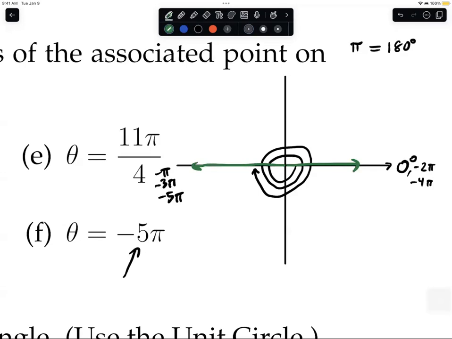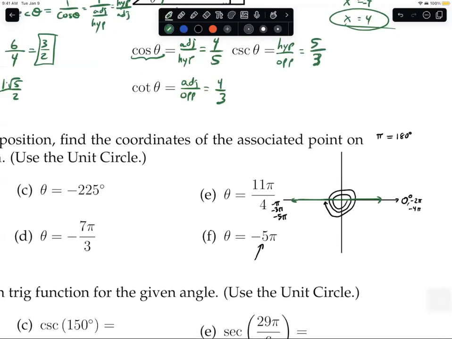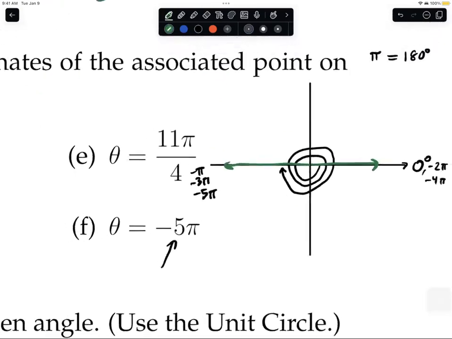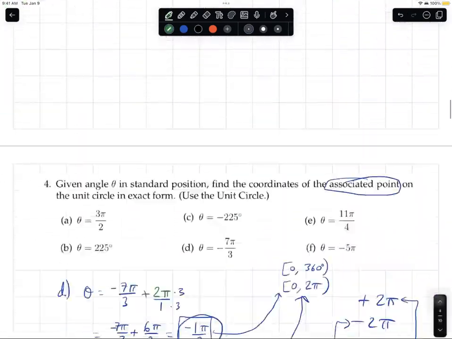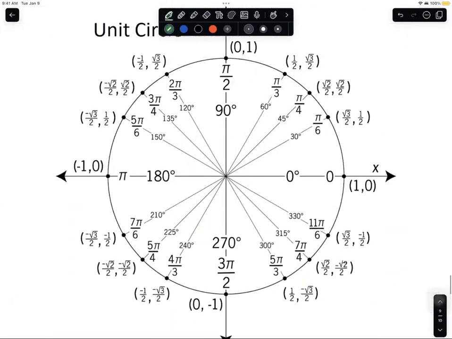No, what angle is coterminal with -5 pi? Based on our drawing, it's just a straight angle. It opens at 0 and it terminates in the opposite direction. Go to the unit circle. It starts right here and terminates in this direction. That's coterminal with pi radians, or 180 degrees.